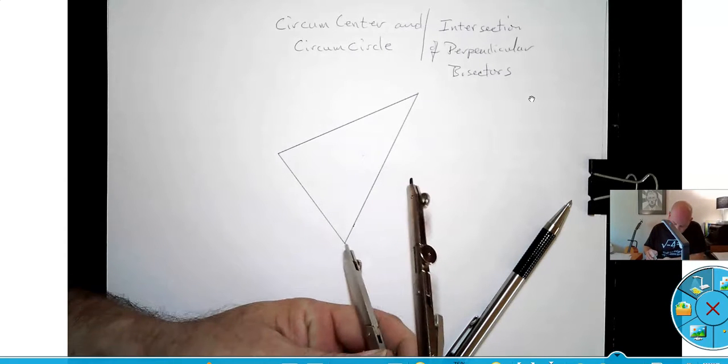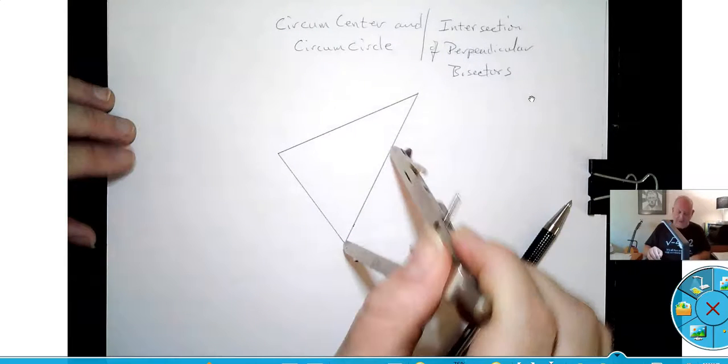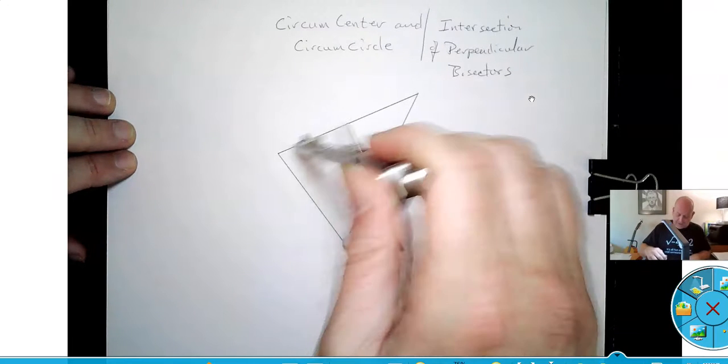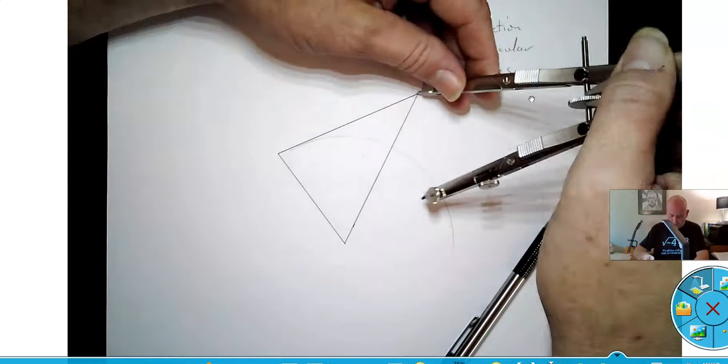We want to open this up. We're just going to pick a side, and I'm going to open this up so that it's bigger than half the size of the side, and make a light arc. Then I'm going to come back here and do the same thing.